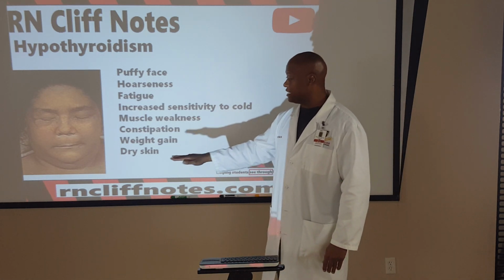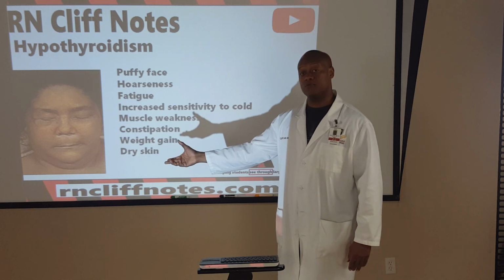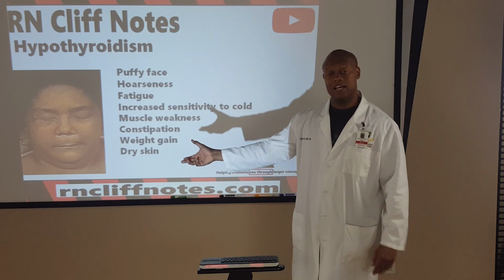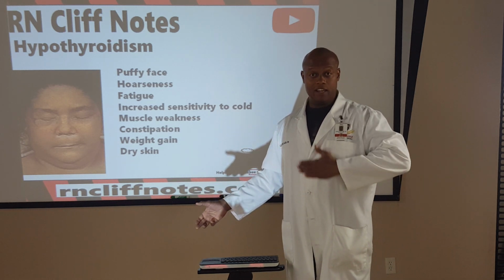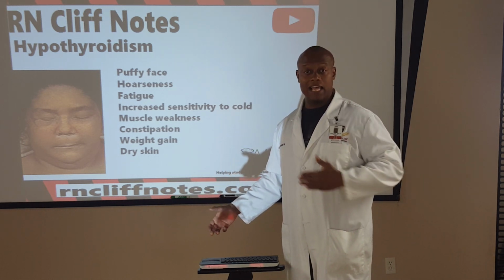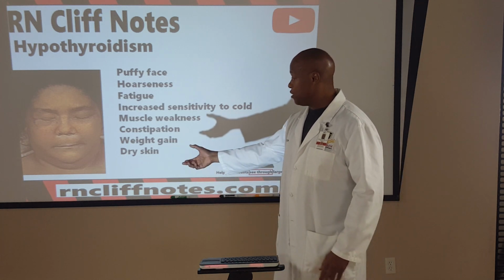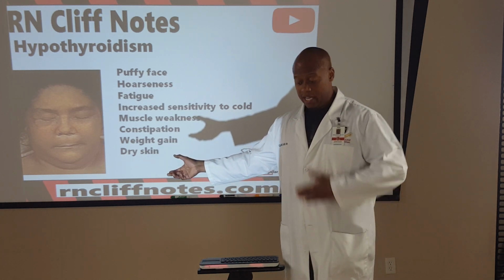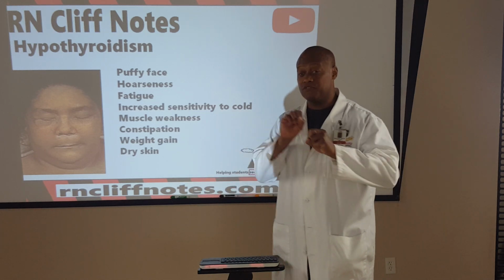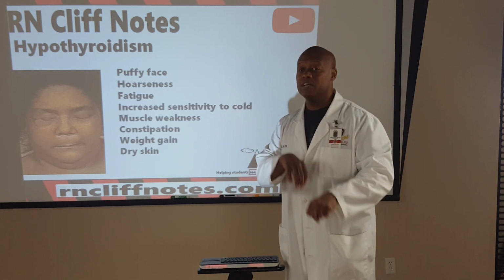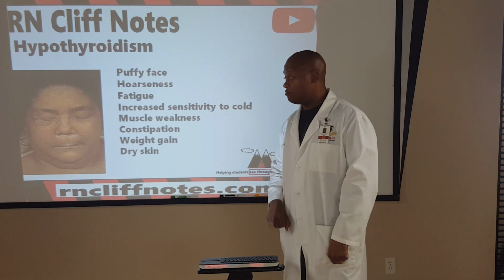They have muscle weakness, constipation, which fits with the muscle weakness. Well, not to forget, right, that in the GI system, our alimentary canal, our GI tract, is lined with muscle. And if we have weakness in our muscles in general, including those muscles, we wind up with constipation because the food boluses aren't moving through at the rate that they should be, right?